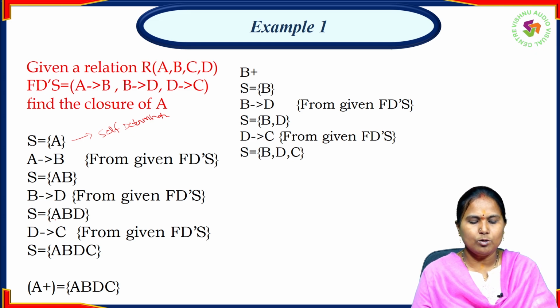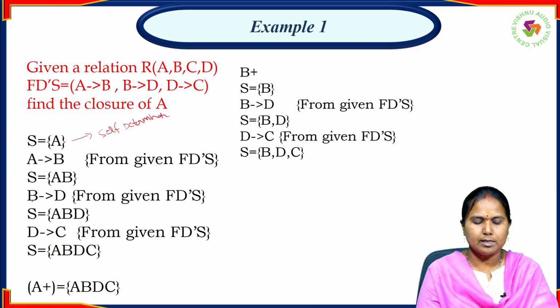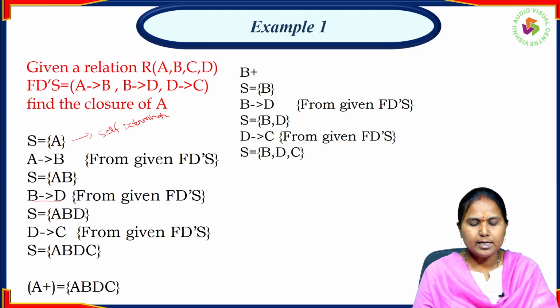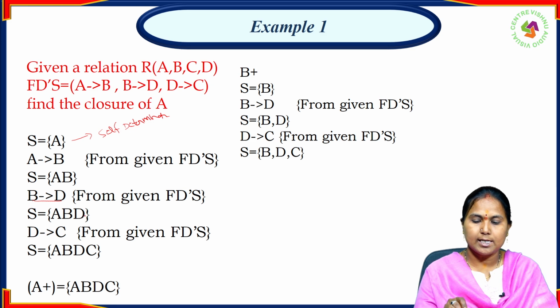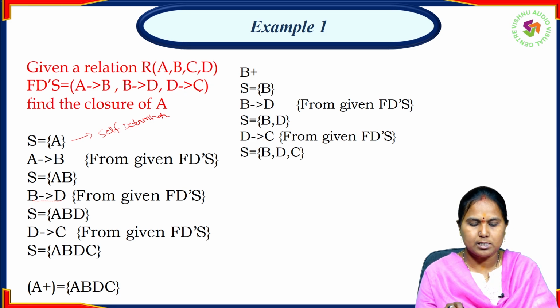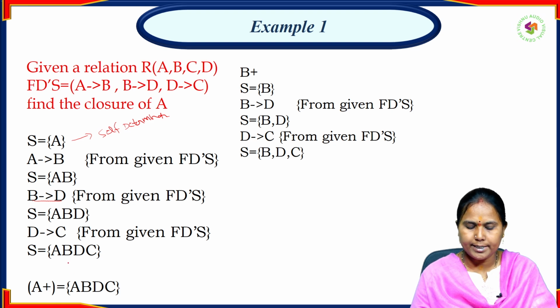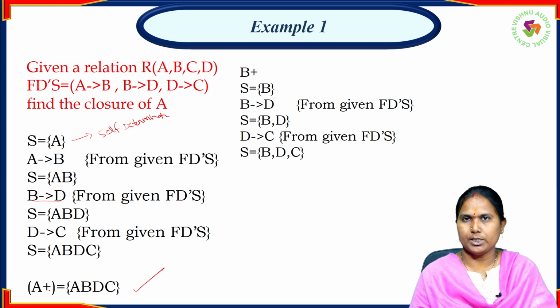So S equal to A, B, D. From given FD, B determines D. Right? And is there any association existing along with D? In the given FDs, D determines C. So you can add C. So A, B, D, C, right? So the closure of A will be related with A, B, D, C. So this is nothing but A closure.